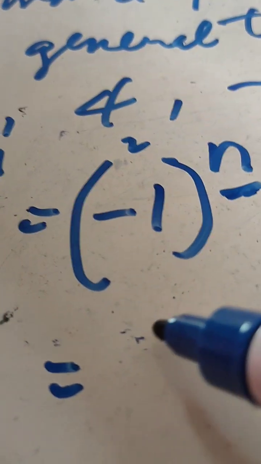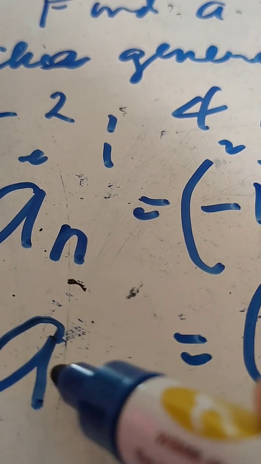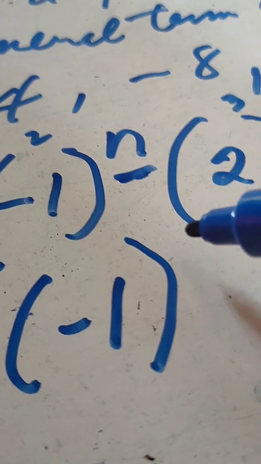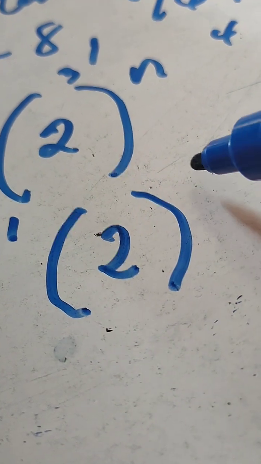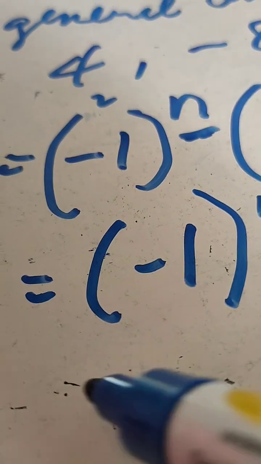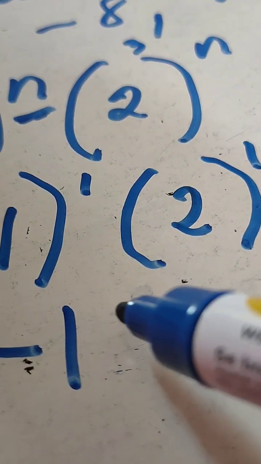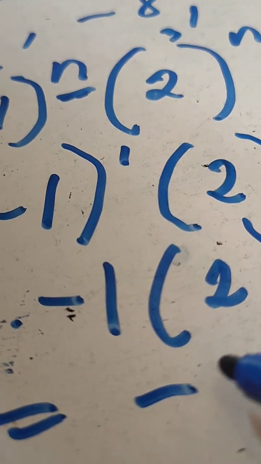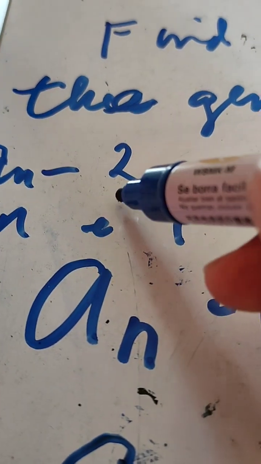So a sub 1 is equal to negative 1 to the power of 1, times 2 to the power of 1. Negative 1 to the power of 1 is negative 1, and 2 to the power of 1 is 2. Therefore, negative 1 times 2 is negative 2. That speaks of our first term as given in the problem.